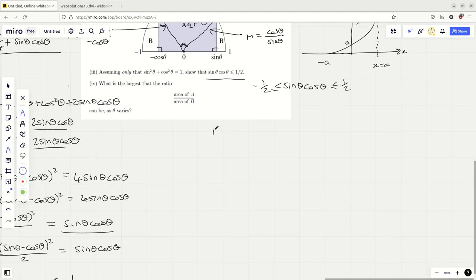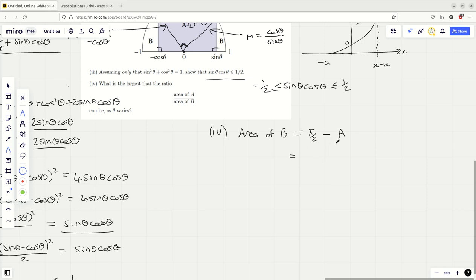Because part 4, it says, what's the largest ratio of the area of A to the area of B? Now, let's work out the area of B first, because we already know the area of A. And the area of B is going to be, well, the area of a semicircle, which is pi r squared, which is pi times 1 squared. Oh, but then we've got to divide by 2. So that's just going to be pi over 2 minus the area of A. Yeah?